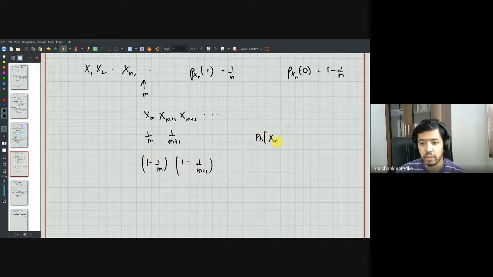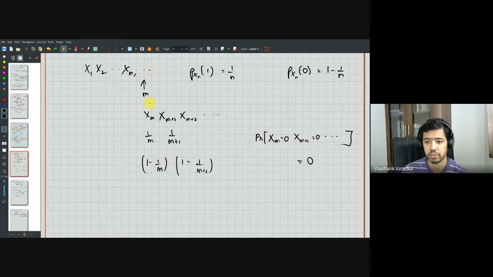Right? xm equal to 0, xm plus 1 equal to 0, and so on. Everything beyond this point is 0. So the probability of this happening is equal to 0. So therefore, it does not converge almost surely. But if we demanded that this particular sequence had to converge almost surely, then we would have demanded that everything beyond this point is equal to 0, which is not happening over here.